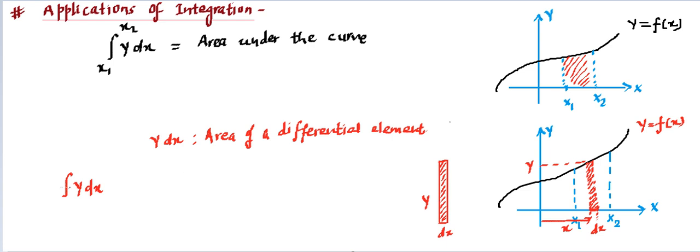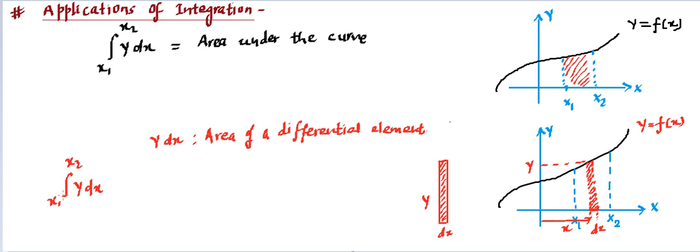And if we do this summation from x1 to x2, that means we are adding all the differential areas running from x1 to x2. If we change the limits x1 and x2, we will get a different range of that area. So we can choose any range by changing the limits of integration.